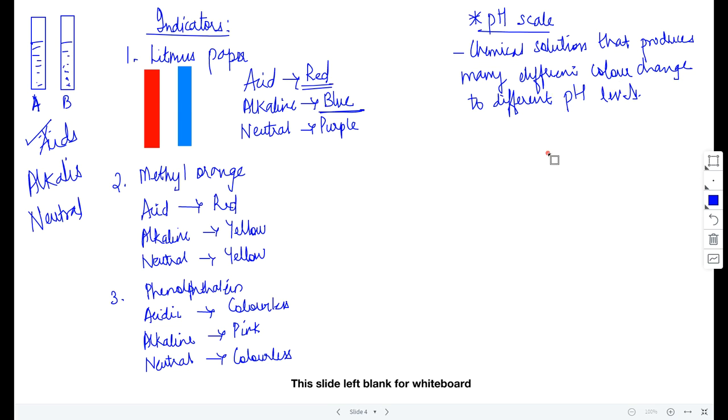So once it changes the color, we have a small graph, no, not a graph exactly, a pH scale depending upon the color. Since we have 14 pH values, we have to divide this into 14.